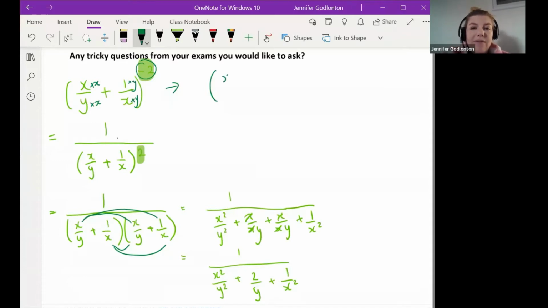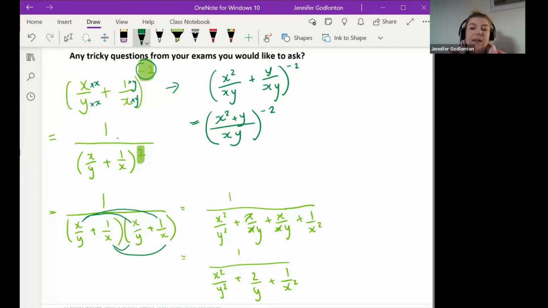Then I would have x squared over xy plus y over xy, all to the negative 2. Then I would be able to add that, so I would have x squared plus y over xy, all to the negative 2. And then you would be able to flip it from there. When I say flip it, I mean you would have 1 over that double fraction.